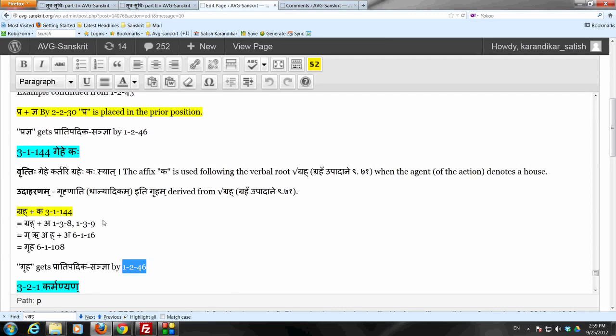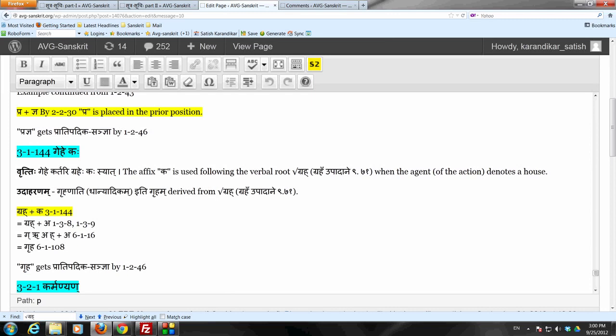But this is a special sutram by which Panini derives only one single pratipadikam graha, in the sense of that which accepts. Accepts means things like grains, or it can even accept guests and so on. So it keeps on accepting. That's this word graha. This is a special case where only one single form is being derived by Panini, so he devotes one sutram just for this one form.